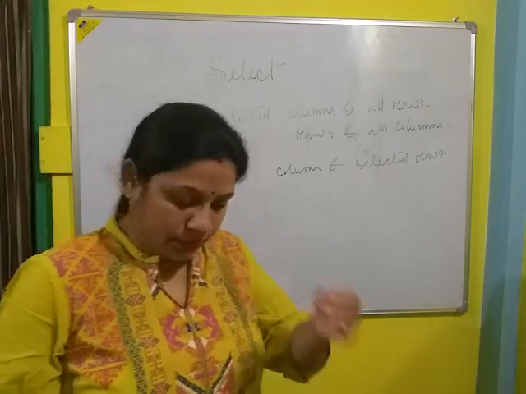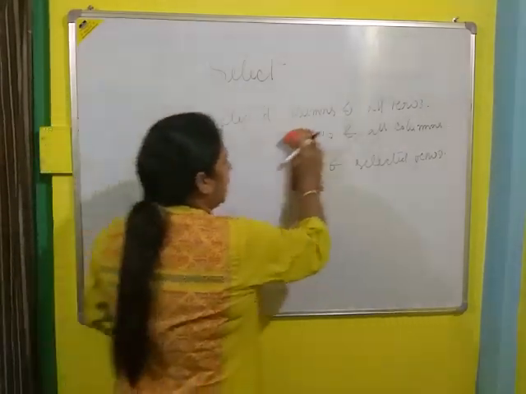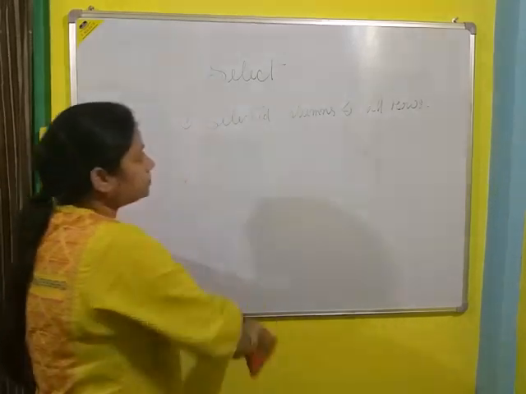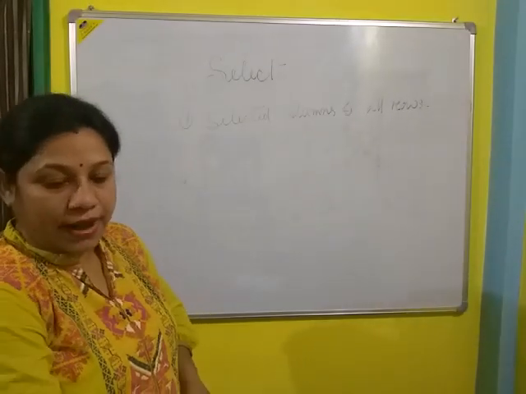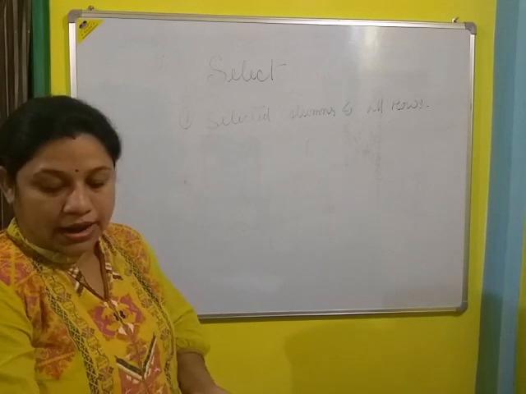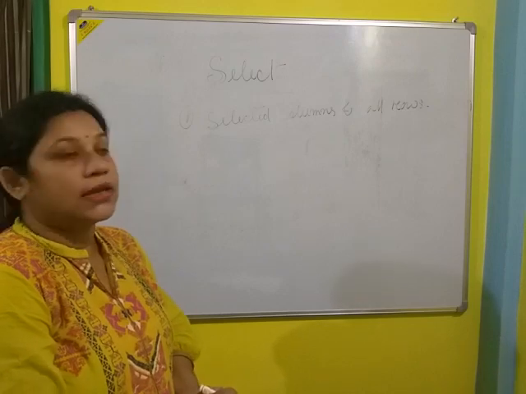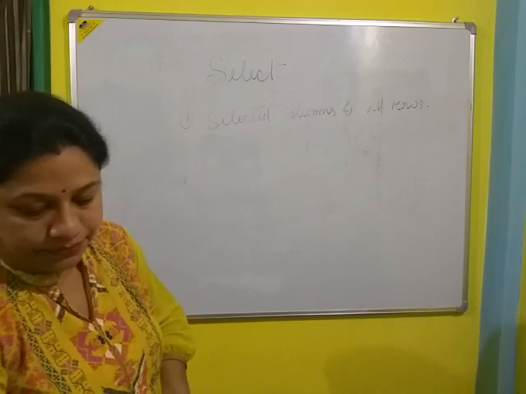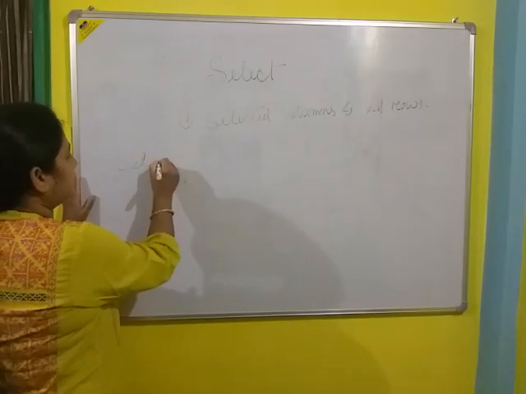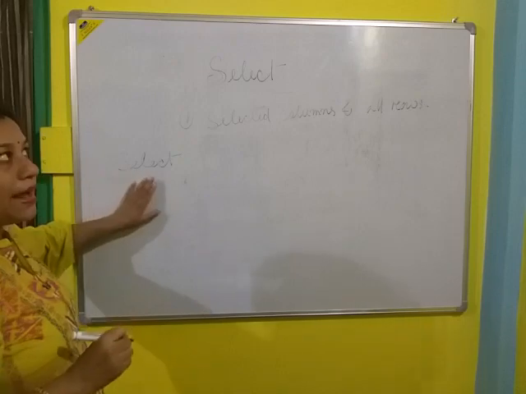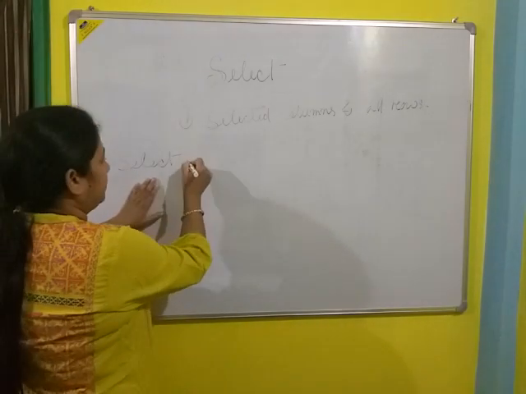Now I am going to discuss the first one, that is, selected columns and all rows. Here is the format for displaying selected columns and all rows: you write the select command of MySQL followed by the column names.